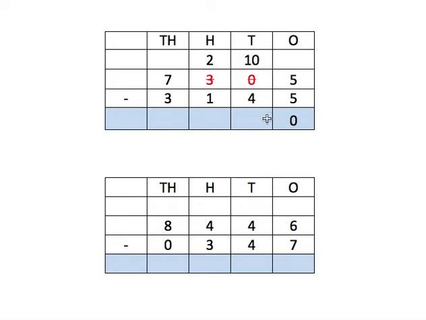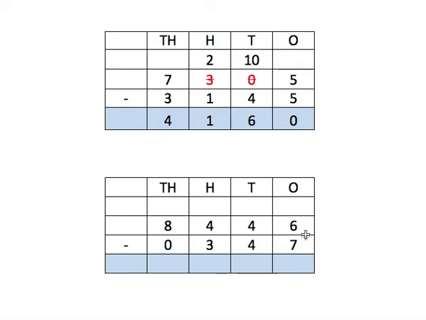So 10 minus 4, how much? 6. And 2 minus 1, 1. Yes. Now this one, 7 minus 3, 4. Yes. Easy. So I've got the answer 4160. Okay, let's quickly solve the next sum also.